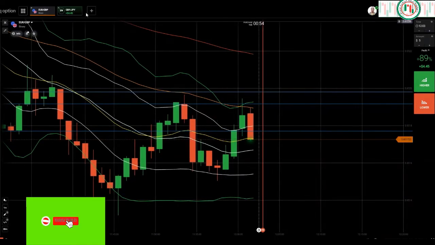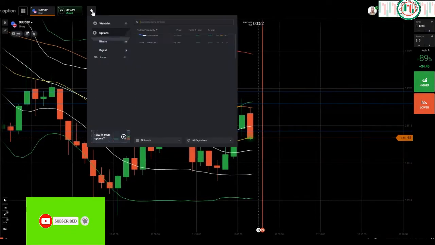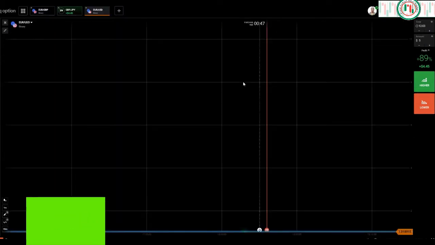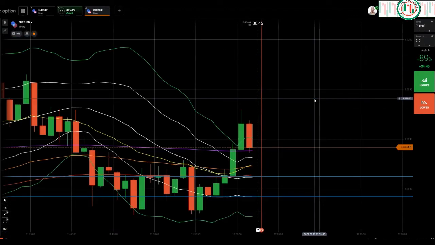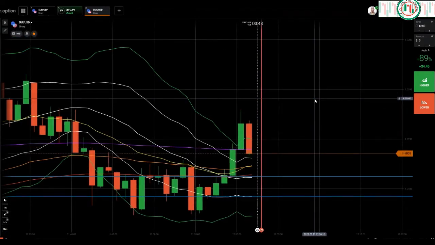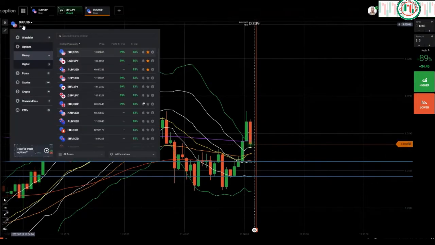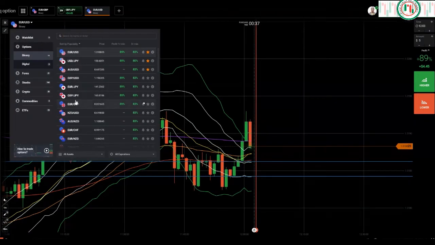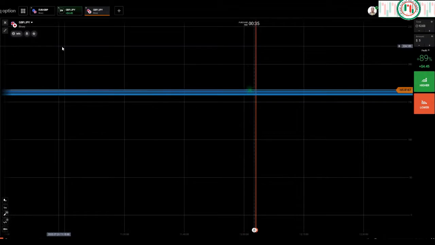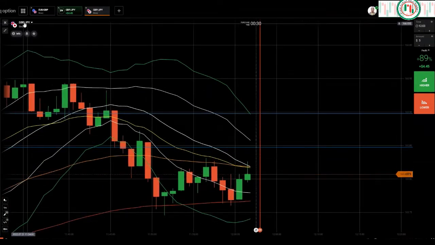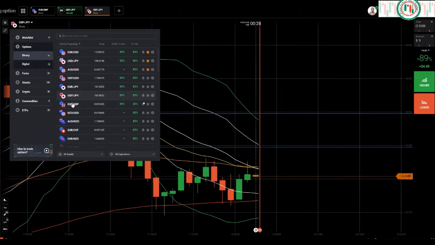because the market is bad. Let's change pair and see whether you can get a good one, the one that does not have too much gap. If you see a market with too much gap, don't place your trade. If you see too much gap, there is too much high volatility in the market, so anything can happen.